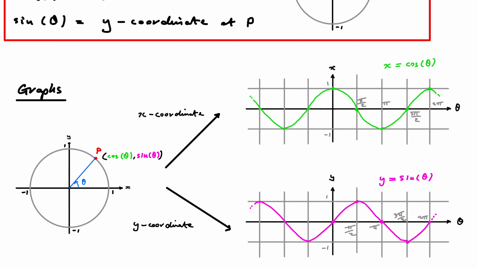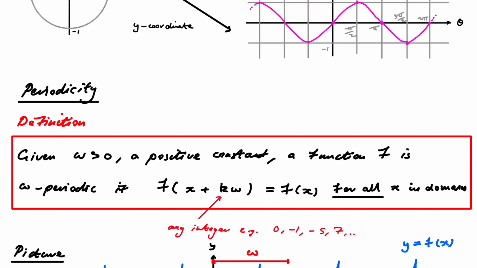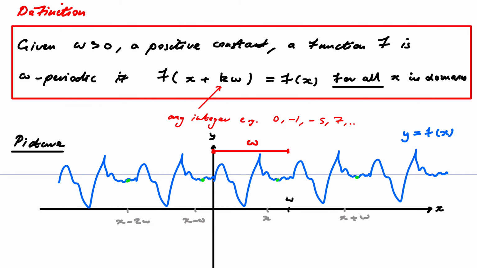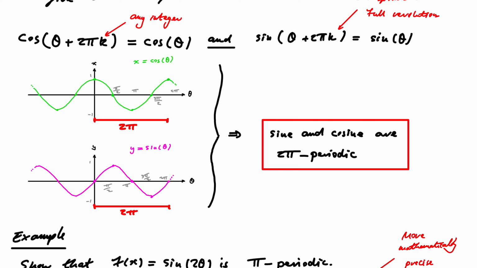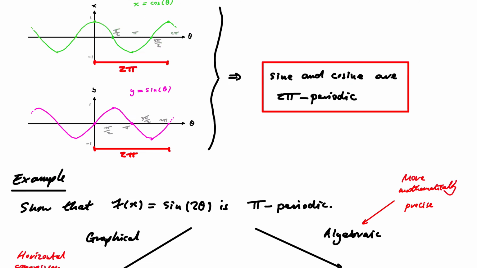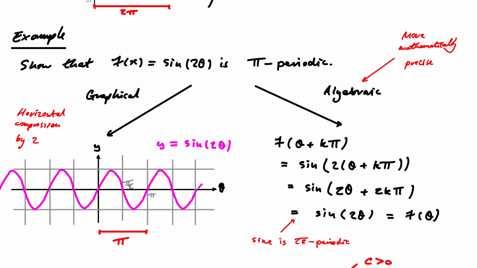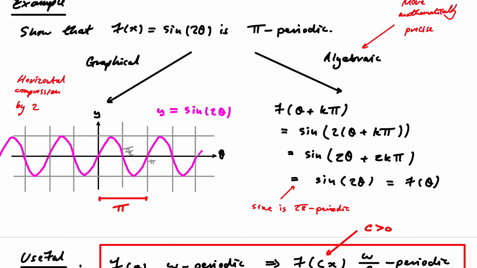And we've introduced the idea of periodicity, which is the idea that you repeat in some fixed block of length omega, let's say here. Sine and cosine do that with blocks of length 2 pi. And if you mess with them a little bit by scaling the input by 2, that will halve the periodicity in this example. So next time we're going to look at other properties of these functions.